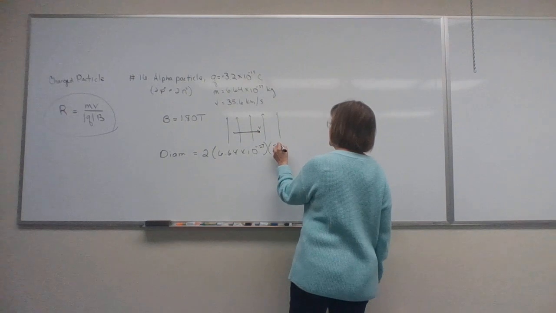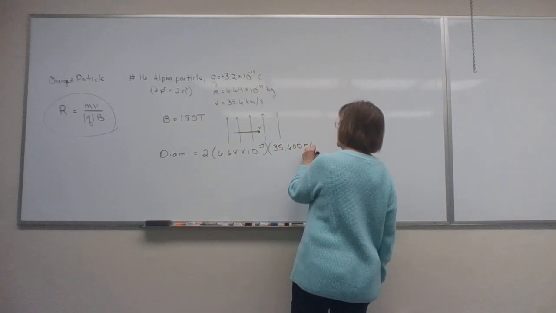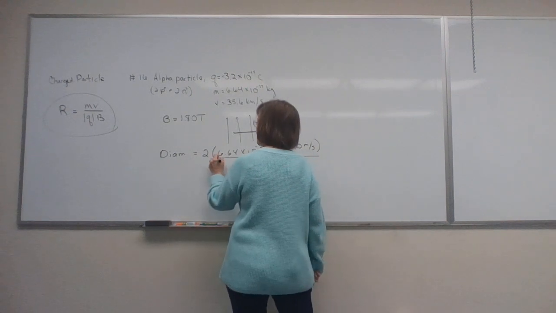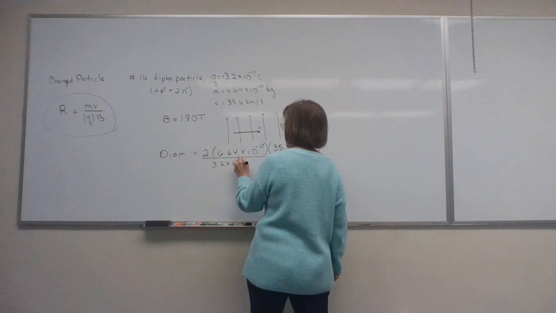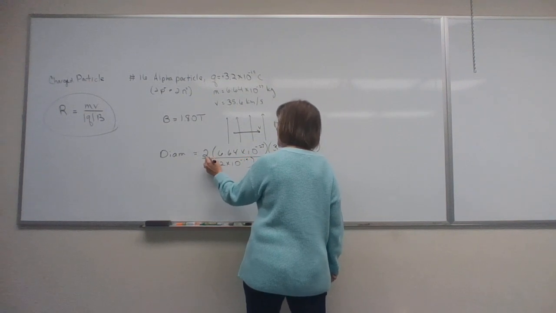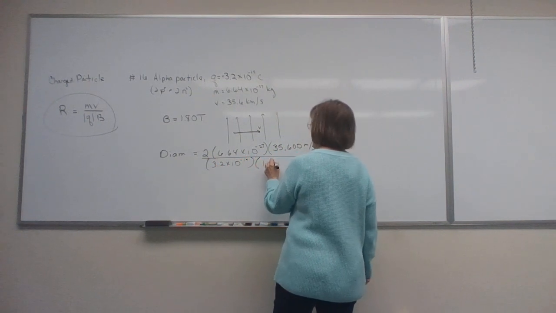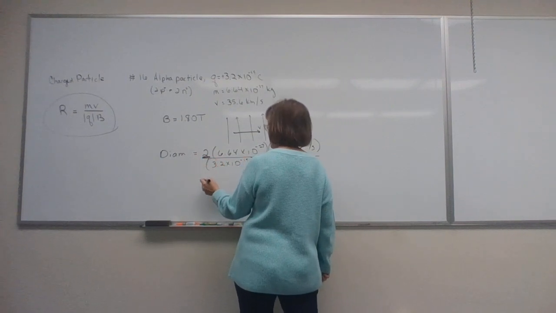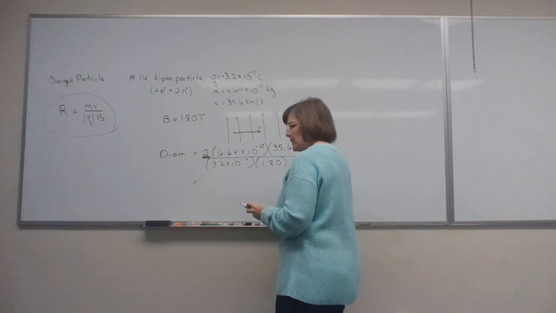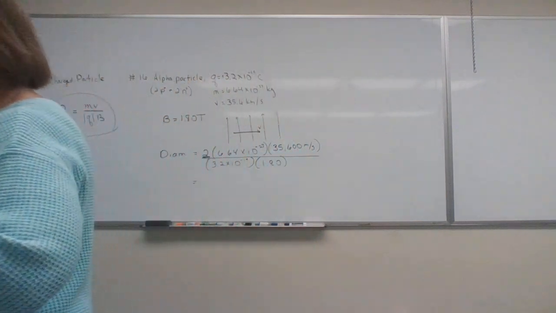35.6 kilometers per second is 35,600 meters per second. The charge is 3.2 times 10 to the negative 19 coulombs, and B is 1.80. So the only thing different is I just multiplied by 2 because they asked me for a diameter. They did not ask me for the radius.